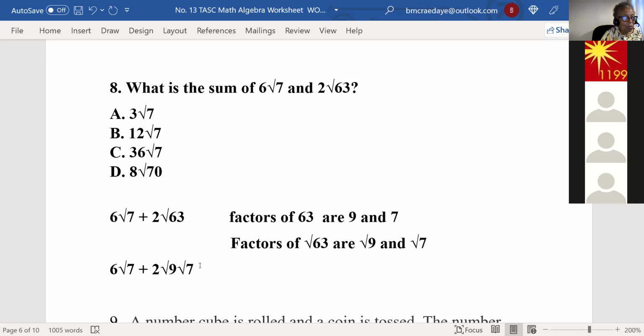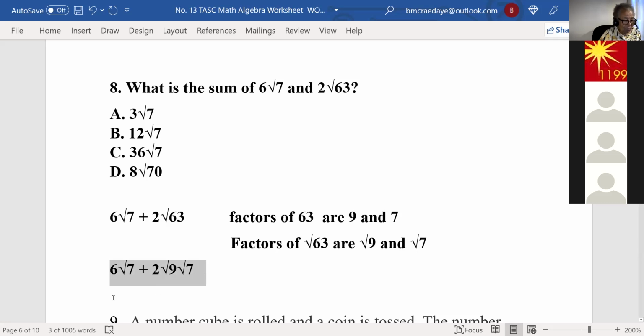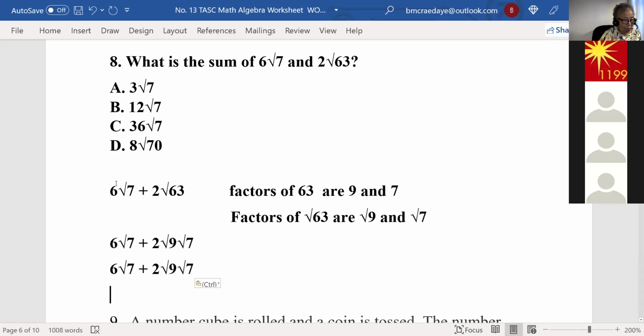So what's the square root of 9? 3. Okay, so let's copy this and put a 3 there. The square root of 9 is 3. So let's put times 3. That's the square root of 9. Now, 2 times 3 is what? 6.